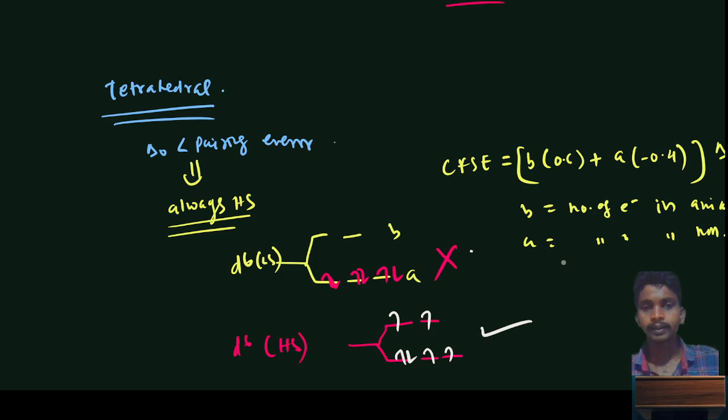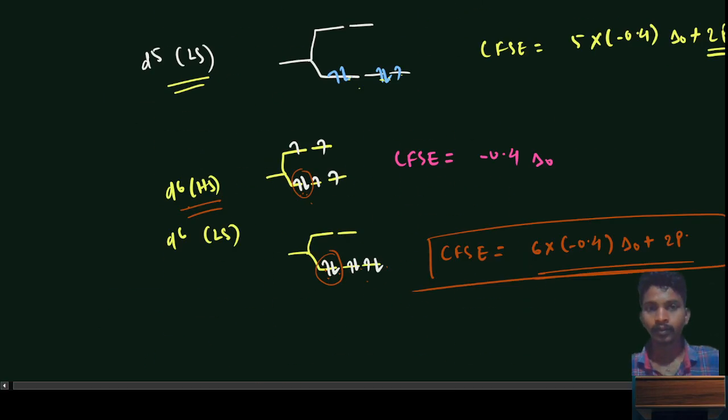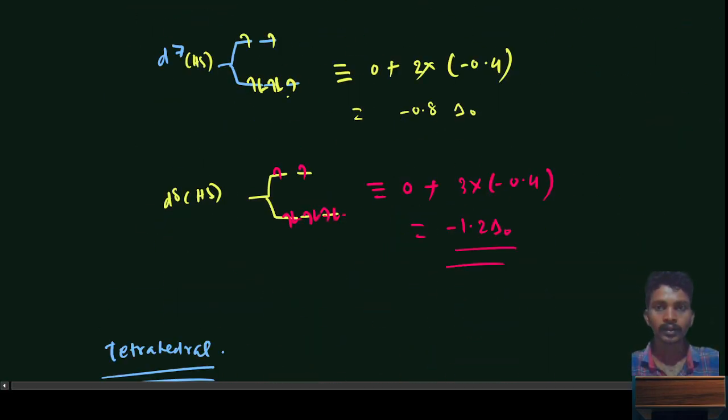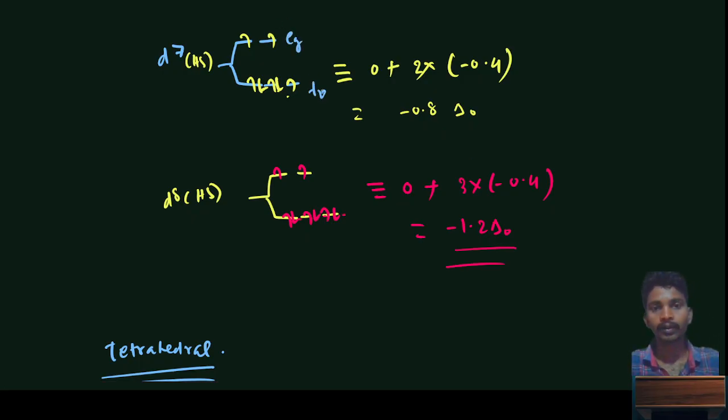Another point is that whenever I am giving these values here, I will write EG and here T2G. Why is this for octahedral? Because COS is present.